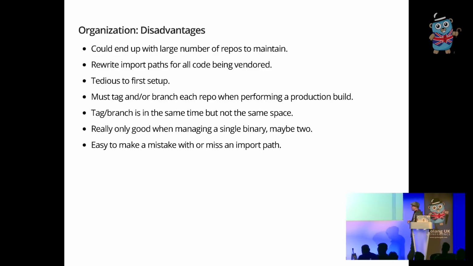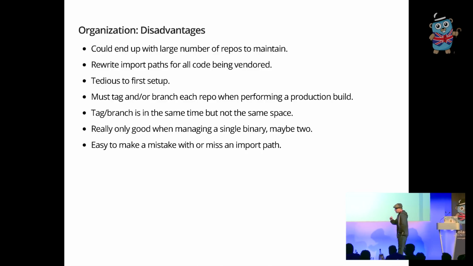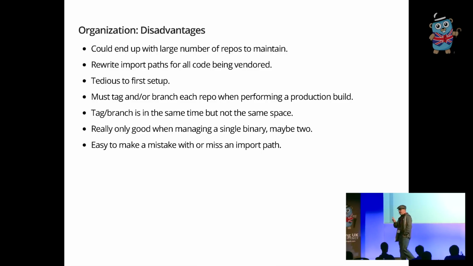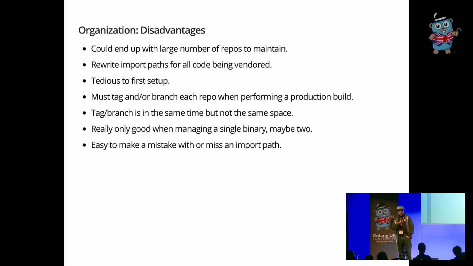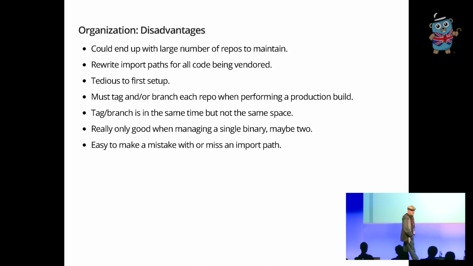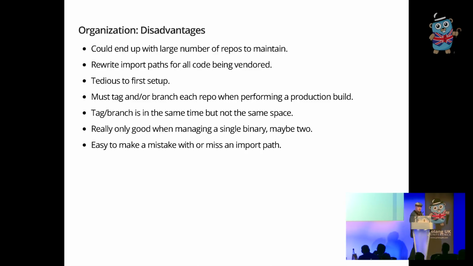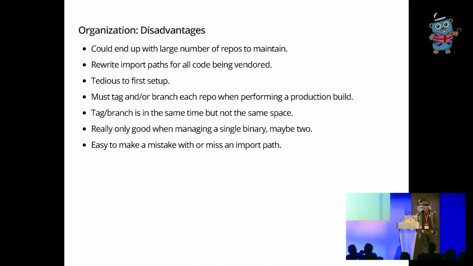But I think one of the things that really failed here was that after we produced that binary for production, we had to go and tag each repo. And so we end up having this tag that is in time, but it's in all these different spaces. It just never felt comfortable with this approach because I realized at the end of the day that the code was all over the place.